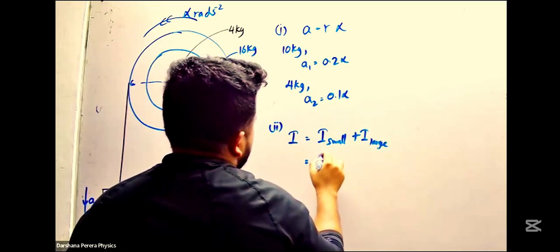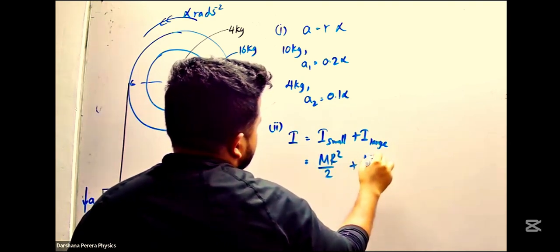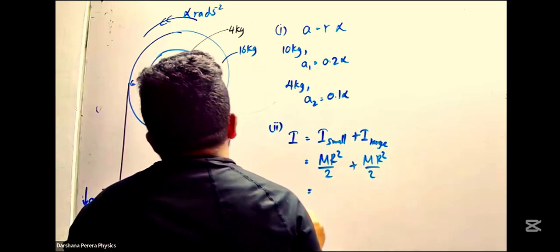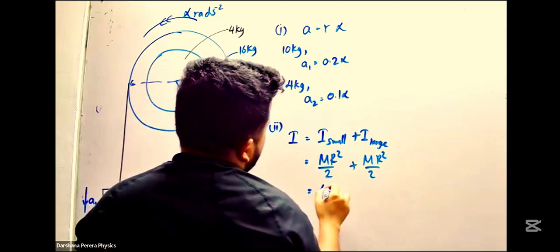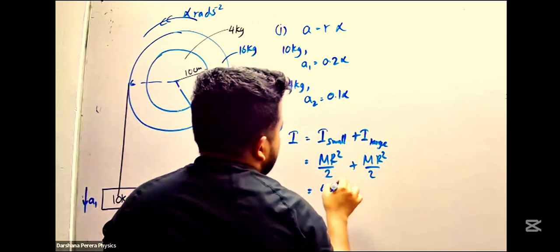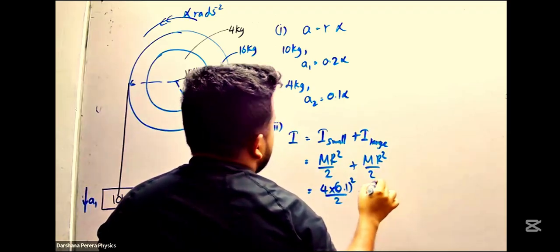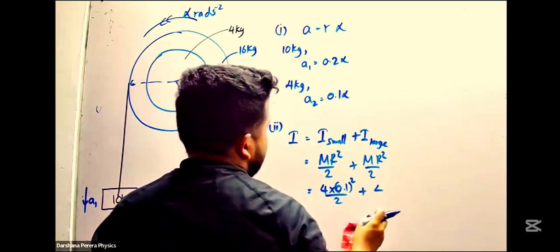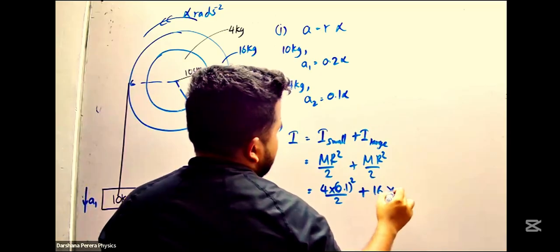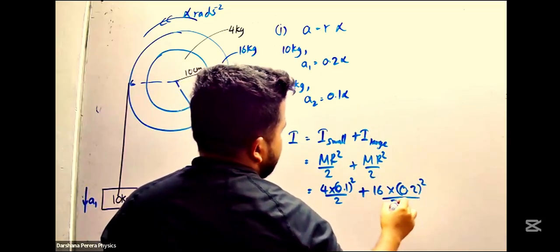Small cylinder means mr square over 2, where m is 4 and r is 0.1: 4 into 0.1 square over 2, plus 4 plus 16 into 0.2 square over 2.